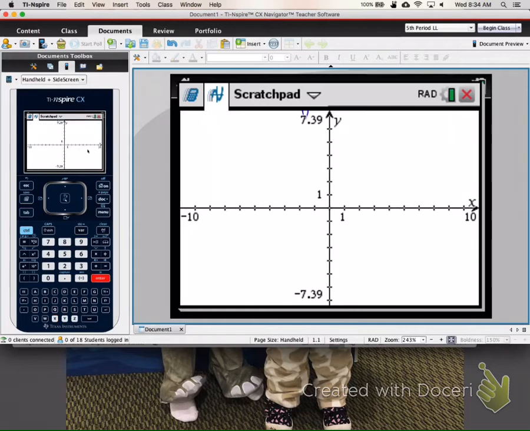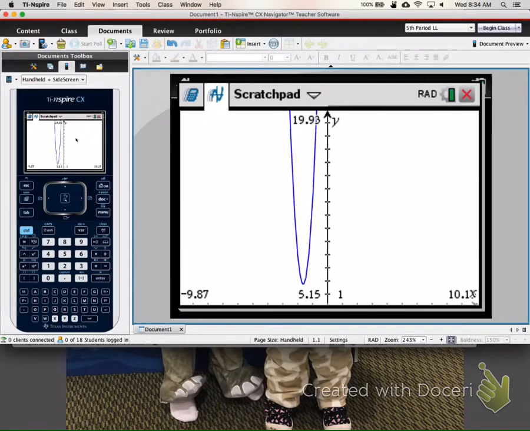Now, you can kind of see that. All right. The fact that my quadratic is up there means what about any x-intercepts? There are none. What does that mean about this equation? There's no solution to it.